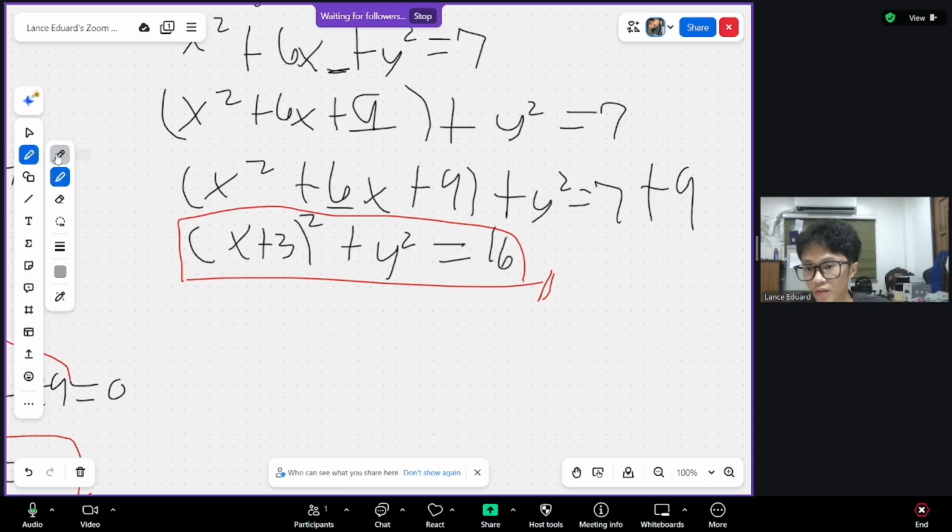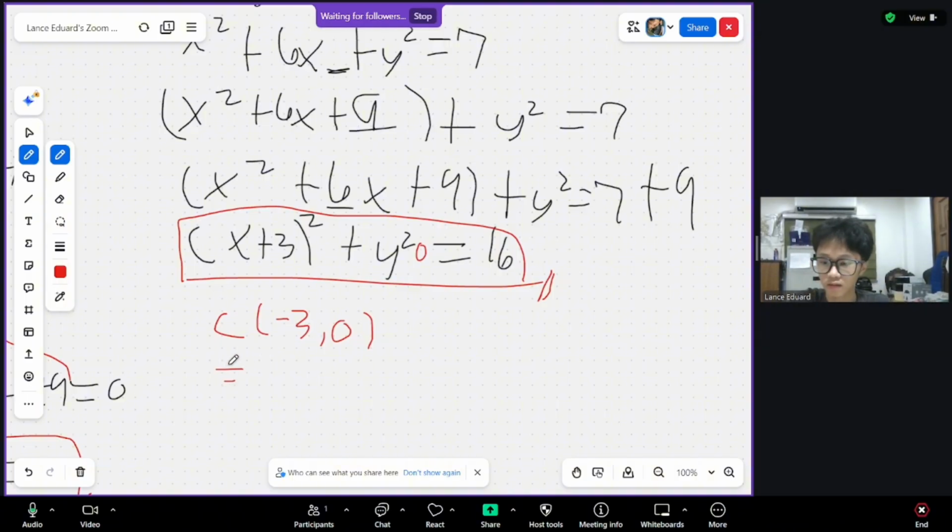So our center will be C, x to negative 3 comma 0, since there is no second variable here, so it's going to be 0.